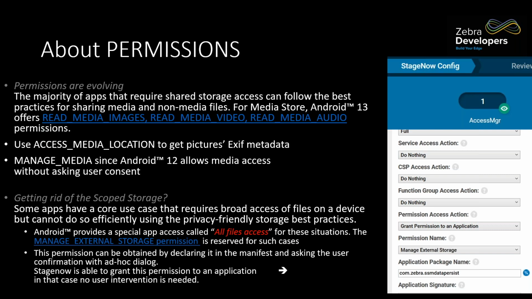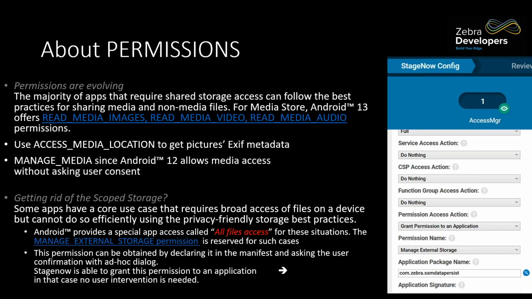If you think you have had enough of scoped storage and you're trying to get rid of it somehow, well, Android offers a way to skip it entirely, and this is the manage external storage permission. It's called all files access, and it really works well, but of course it has some side effects.